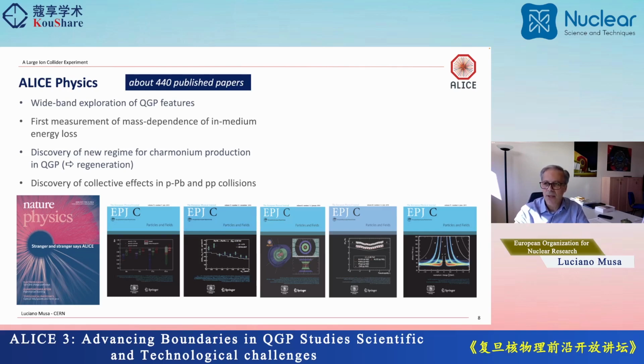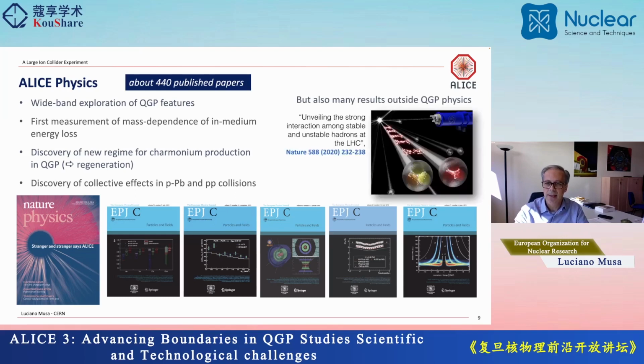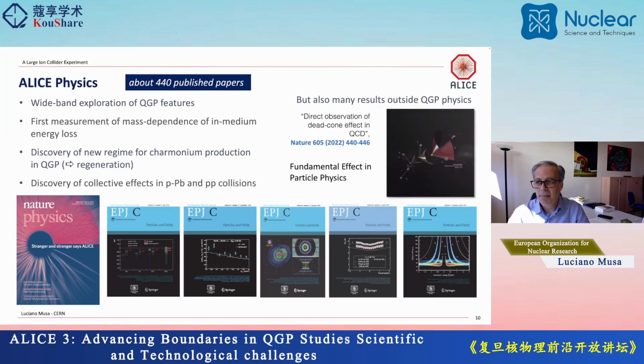But we also carried out many other measurements which go beyond the scope of characterizing the QGP, as for instance a systematic study of strong interaction among nearly all pairs of stable and unstable hadrons, or a pure study of QCD, including, for instance, the first direct observation of the dead-cone effect in QCD by studying pp collisions.